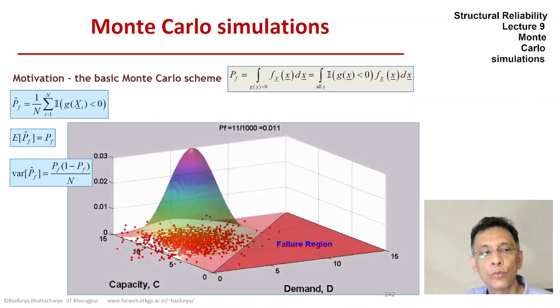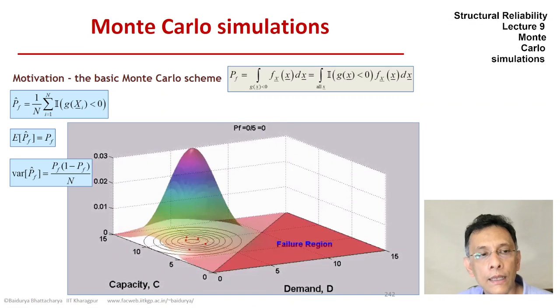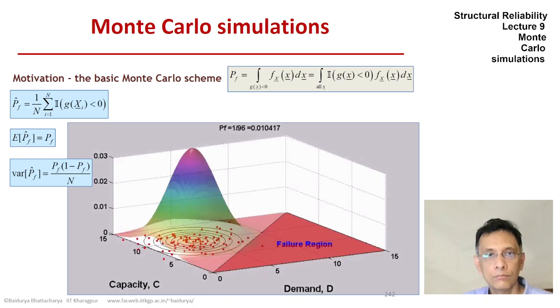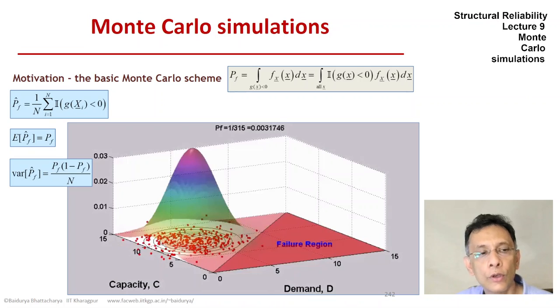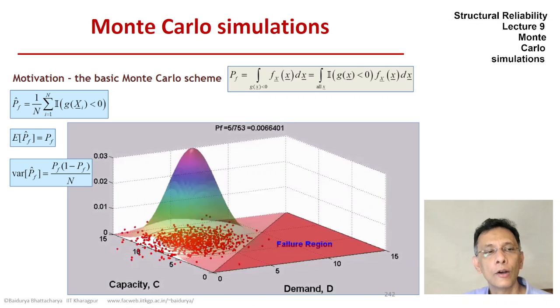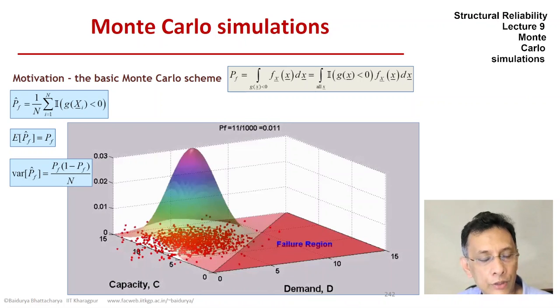We have done 1000 such counts, and running the movie again, only about 11 or so of them are falling in the failure region, because failure after all is a rare event. In fact, in most problems it will be much more rare than the 0.01 that you see in this example.